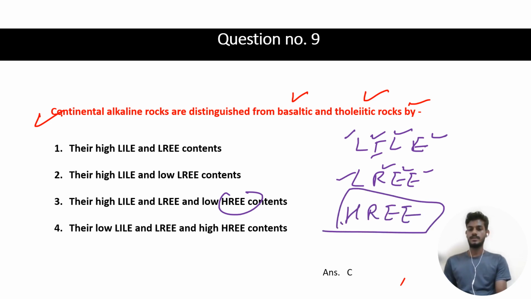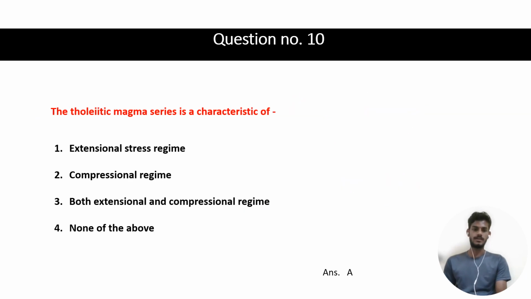Okay, so yes, you have the rare earth elements in three groups. You can say light, middle, heavy. All of these three can be used to identify the continental alkaline from that of basaltic and tholeiitic. So in the continental alkaline magmas, what happens? You have a high amount of LILE and LREE, but a lower amount of HREE. So the third option will be our right answer.